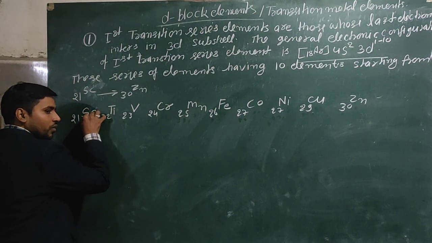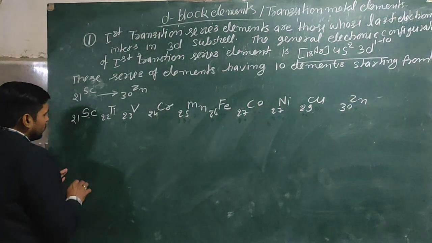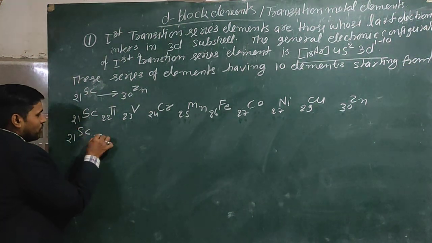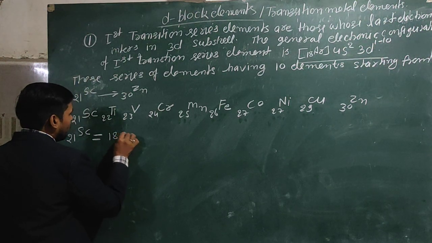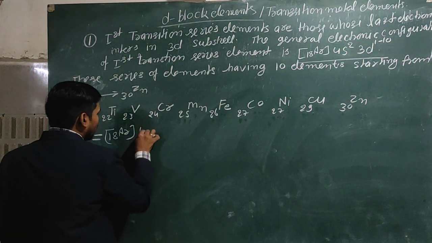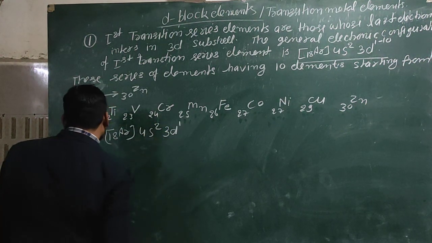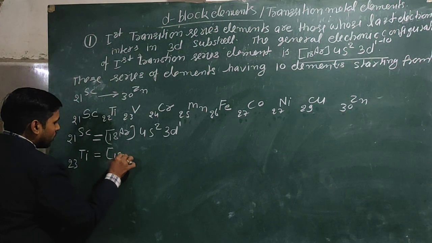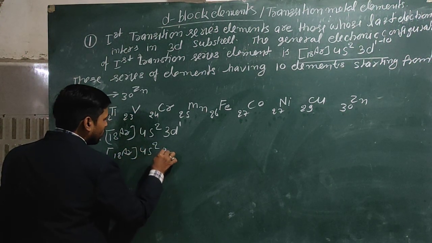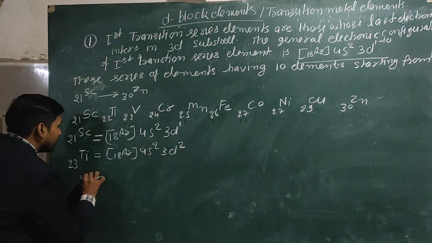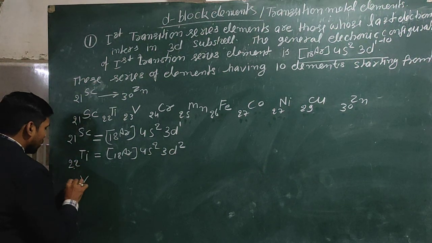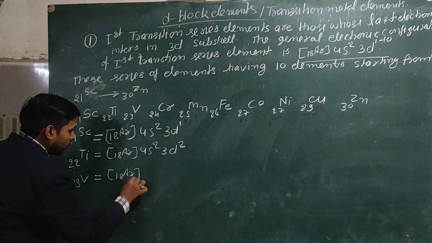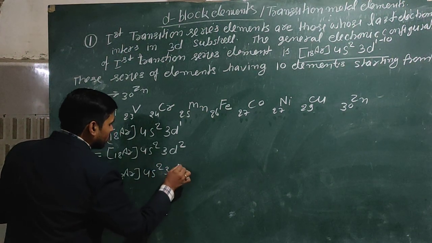The outermost electronic configuration of these elements can be explained as: 21 scandium, whose outermost electronic configuration is [Ar] 4s2 3d1; titanium 22, whose electronic configuration is 4s2 3d2; vanadium 23, whose outermost electronic configuration is 4s2 3d3.